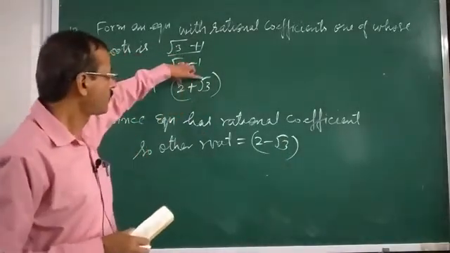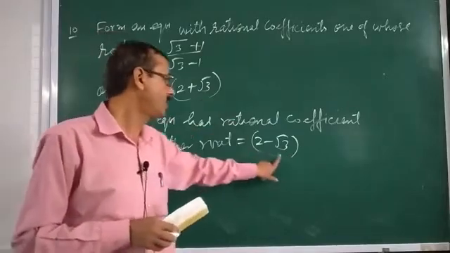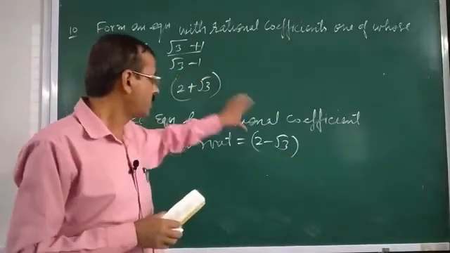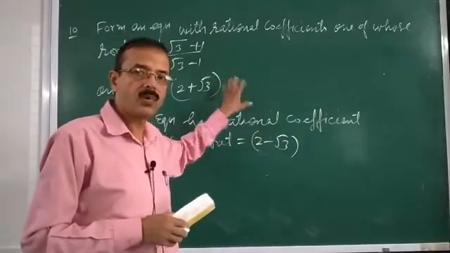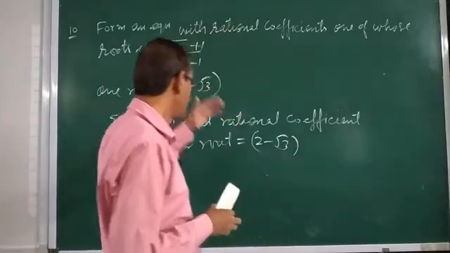If one is a plus b, the other will be a minus b. So 2 plus root 3 and 2 minus root 3, right? Both roots are now known.